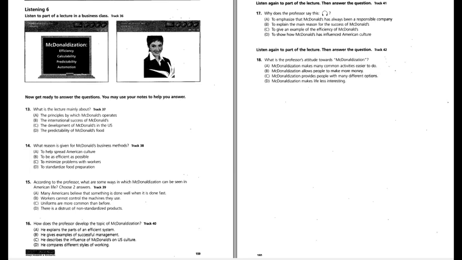In order to reduce this unpredictability, McDonald's has automated the production of its food as much as possible. For instance, temperature and time cannot be adjusted on cooking equipment. All that's necessary is to turn it on. It turns off automatically. Now we've identified four characteristics of the McDonald's approach. These are efficiency, calculability, predictability, and automation.